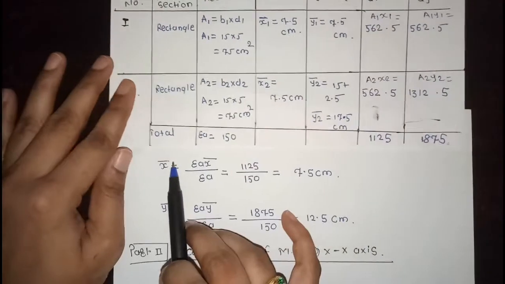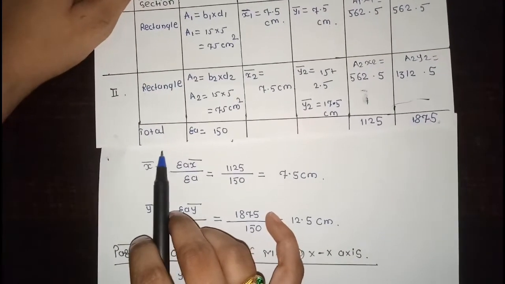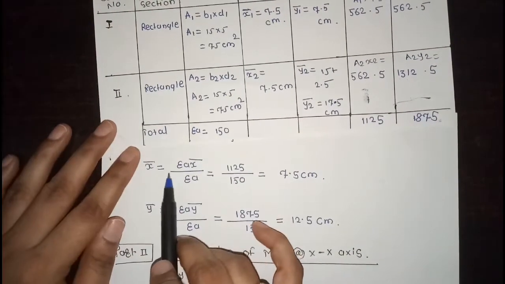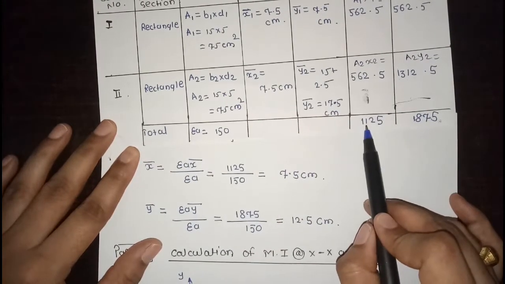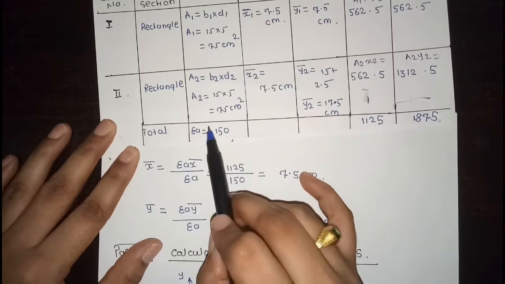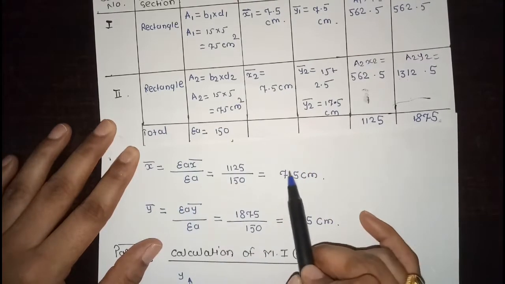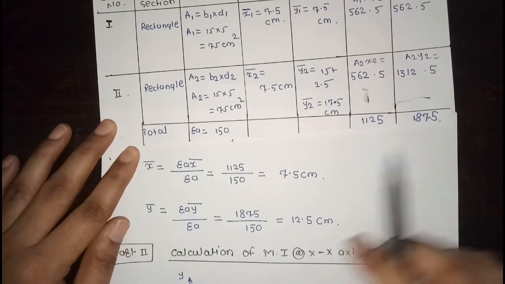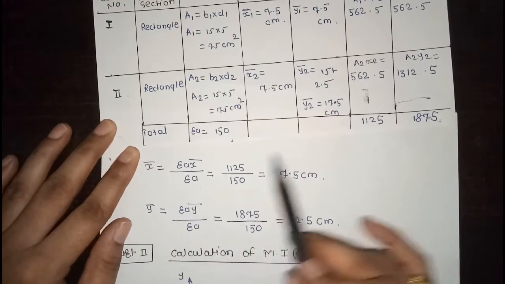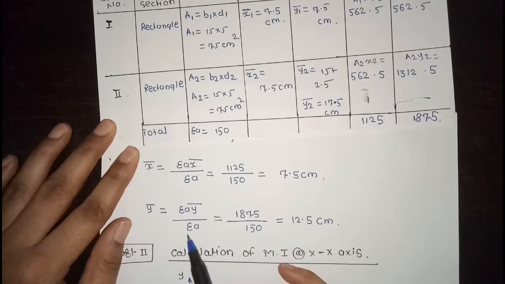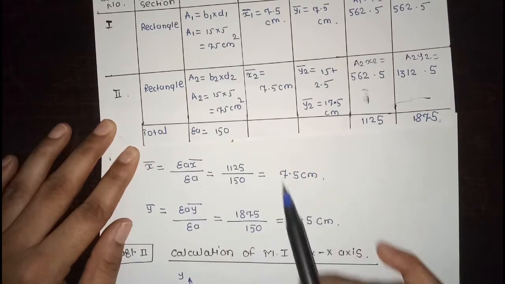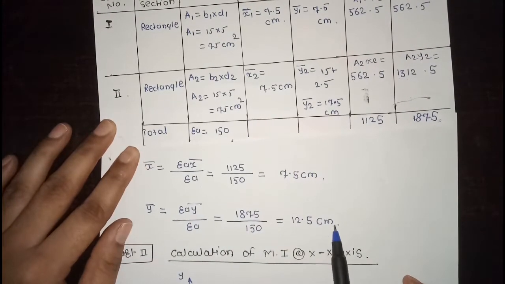X bar is equal to summation AX bar divided by summation A, 1125 divided by 150, which is 7.5 centimeter. Then Y bar is equal to summation AY bar, 1875, divided by summation A, 150, which is 12.5 centimeter.